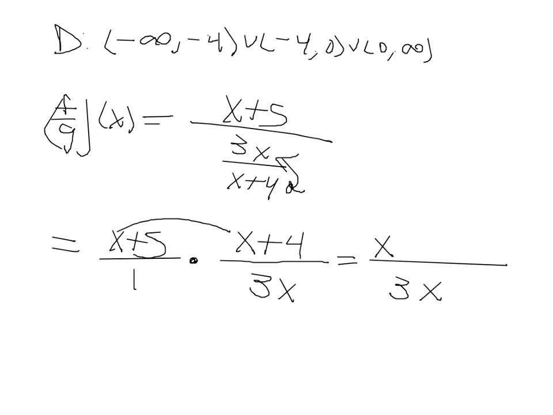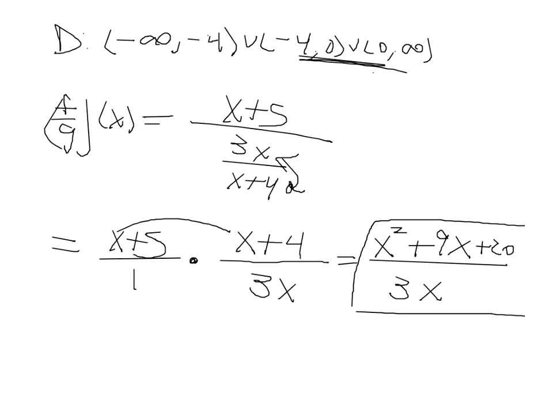And now we get x squared. So think about the last page. We get x squared plus 9x plus 20, and it's divided by 3x. And so now it's easy to see if x is equal to 0, then we're going to divide by 0. So anyway, that's my f divided by g, and that's my domain. This whole thing's my domain.